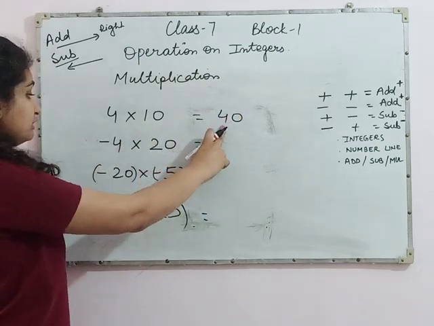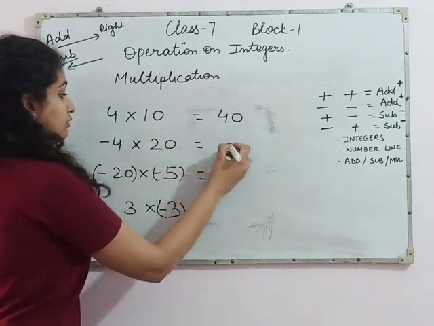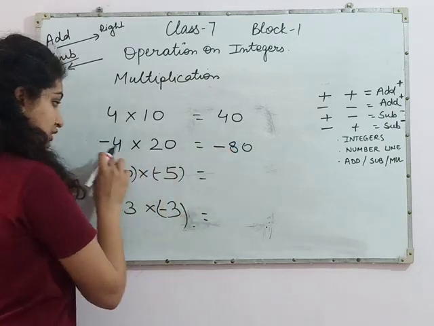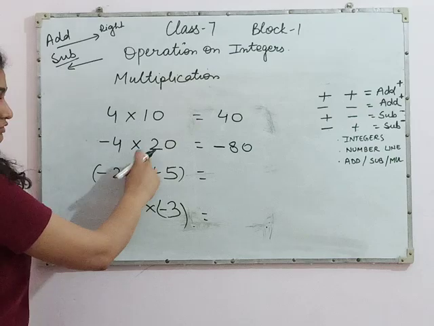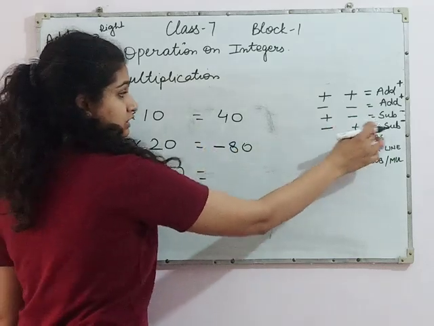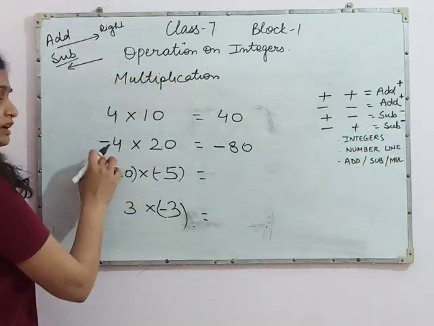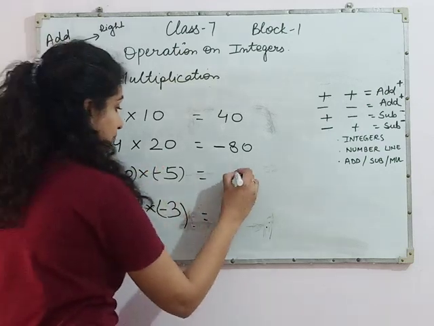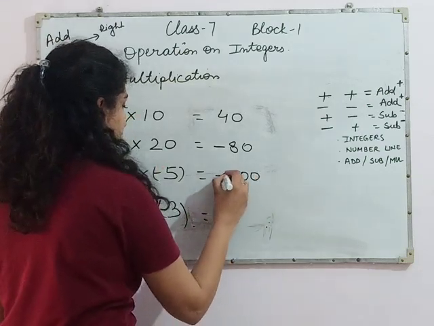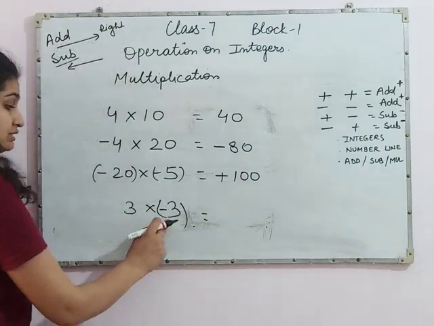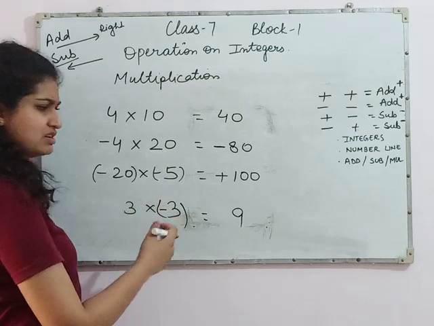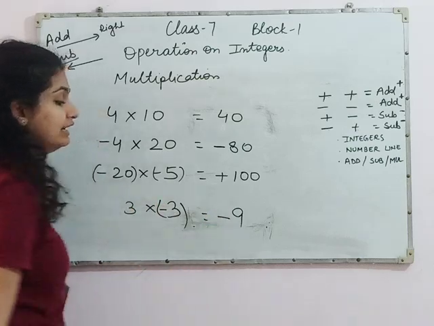The symbol will be positive. 4 20s are 80. So minus, because one negative, one positive will generate a negative, because the signs are opposite. They have the same symbol. Positive. 3 3s are 9. And one is positive, one is negative, opposite symbols. So they will generate a negative sign.